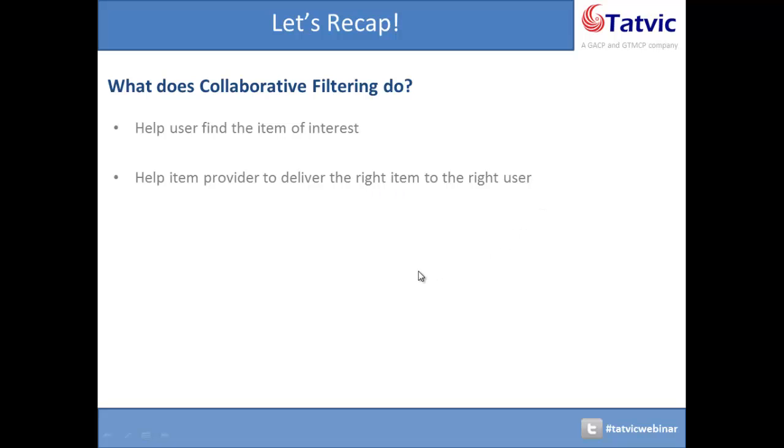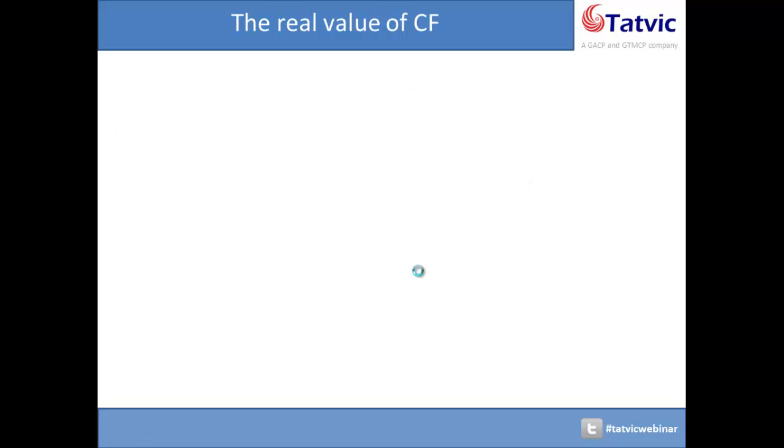Once that is done via collaborative filtering, what is the value that this provides to your e-commerce store? The KPI that is most important to business owners, I feel, is conversion rate, and it is indeed increased since customers are now able to quickly find relevant items of their interest.